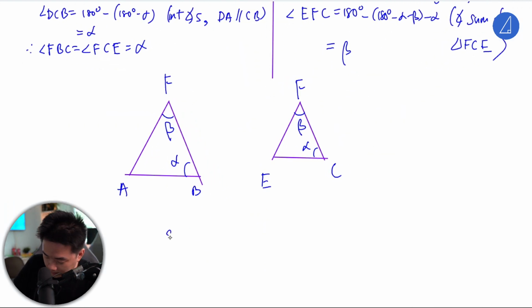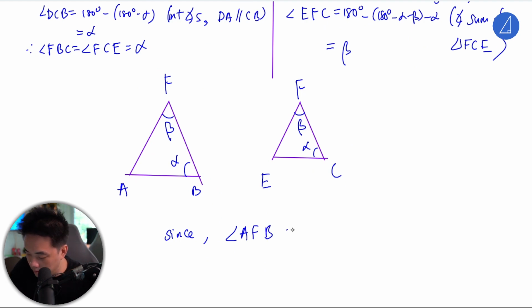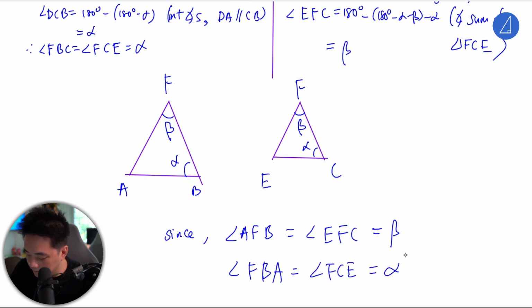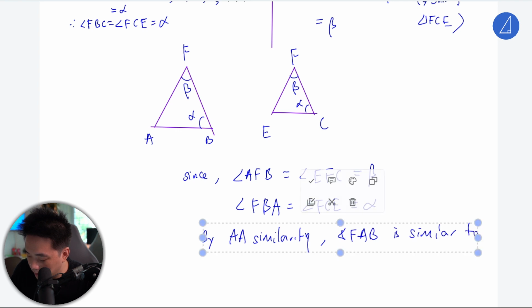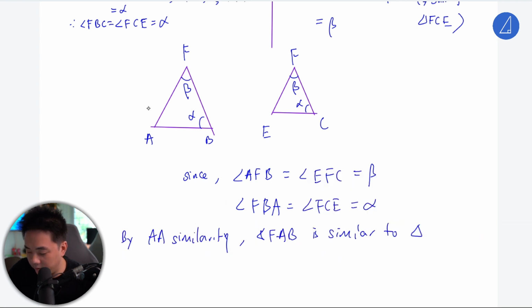So since angle AFB is equal to beta, angle EFC is beta, and angle FBA corresponds to angle FCE, alpha, by AA similarity, triangle FAB is similar to triangle FEC.